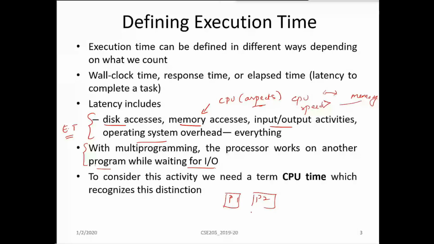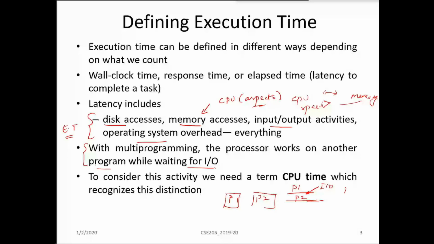It's a kind of overlapping. P1 is in execution, and at the same time P2 will be there. When P1 is waiting for some IO activity, meanwhile P2 will get started. It will be executed in an overlapped fashion, but it gives us the illusion as if both are running in parallel. But actually, it is not running in parallel, it is executing in an overlapped fashion.